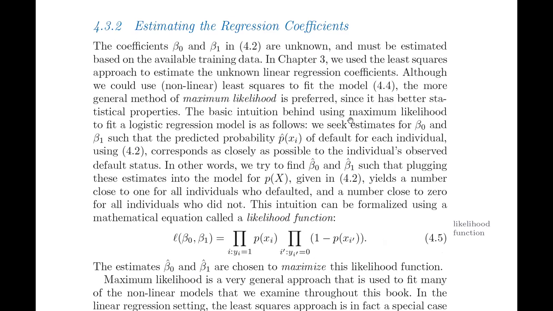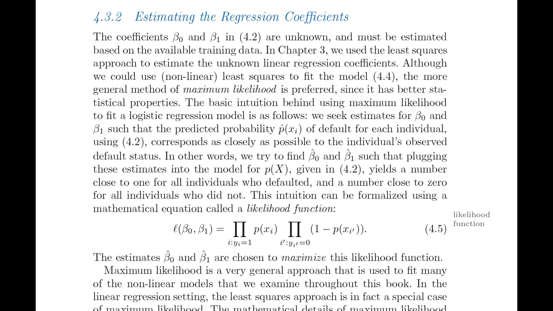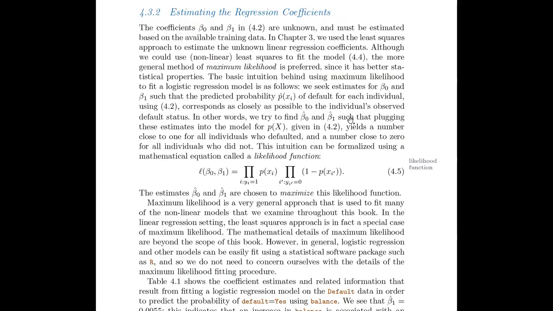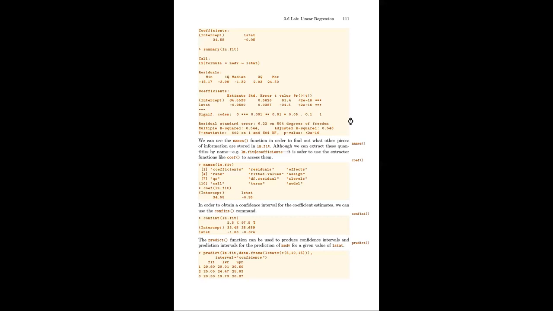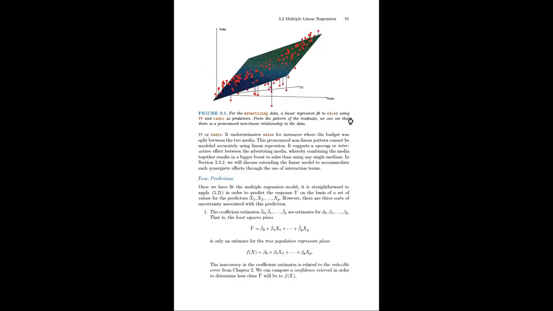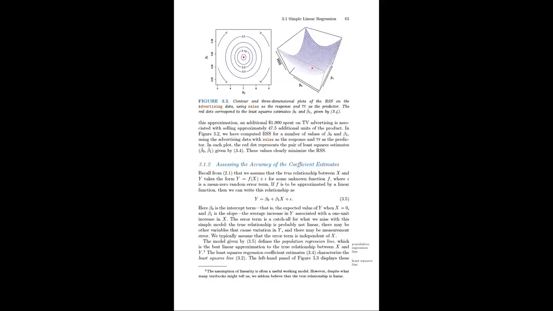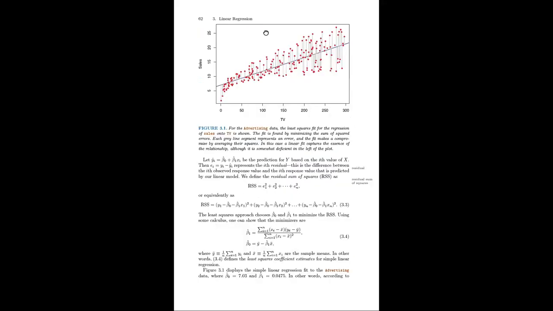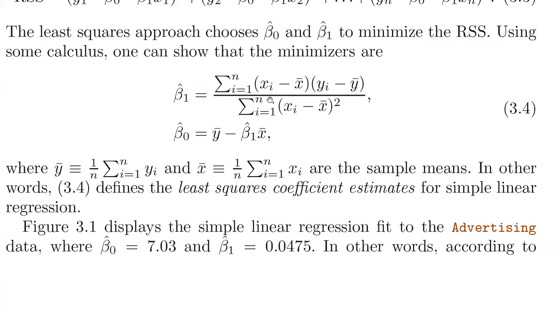to the mathematics now. Estimating the regression coefficients. I know I keep saying this every session, but I'm going to say it again. We had estimated in simple linear regression beta naught hat and beta 1 hat using these two formulae.